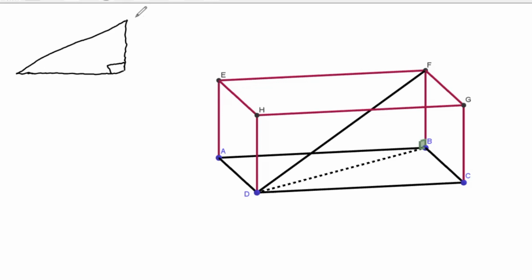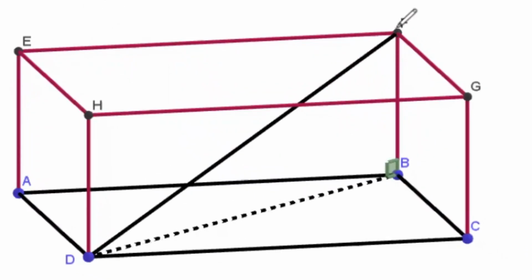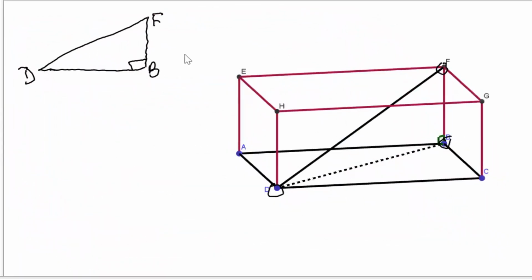So this is F, down here is B, and this is D. Just like we can see here, this is F, down to B, and then we have our D here.